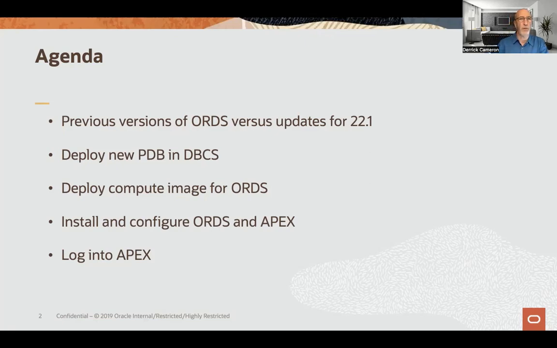So you might ask, well, if APEX is available as a separate service, and Autonomous Database also has APEX right in the console, why would I want to do this? Well, a lot of our customers have data in DBCS instances, and typically you install APEX into the instance that hosts all that data.